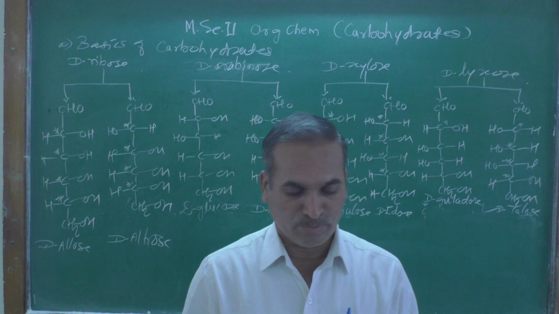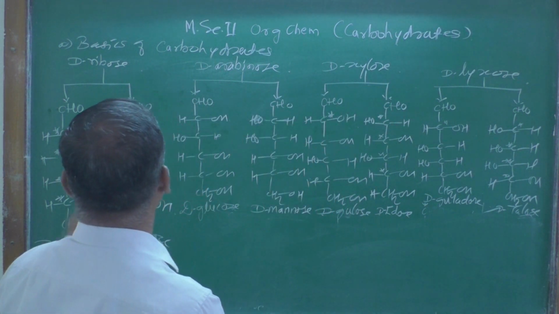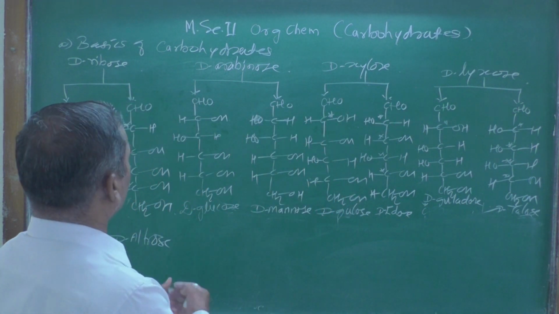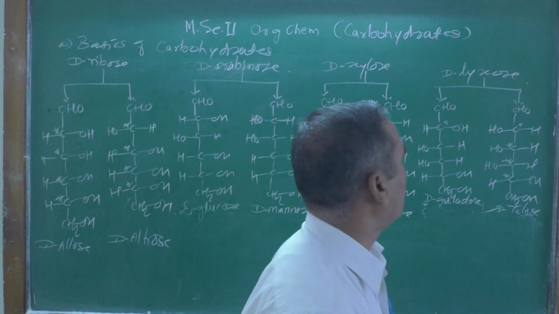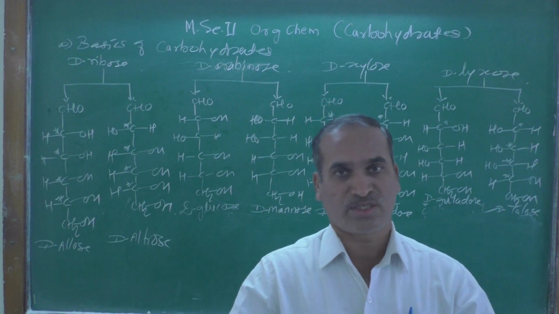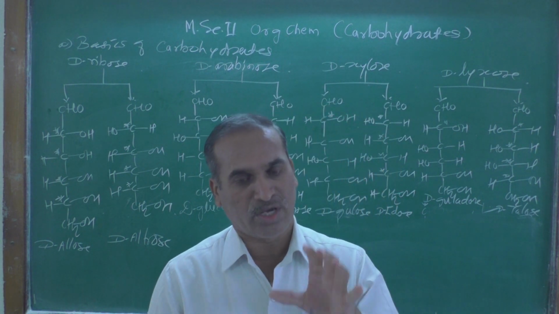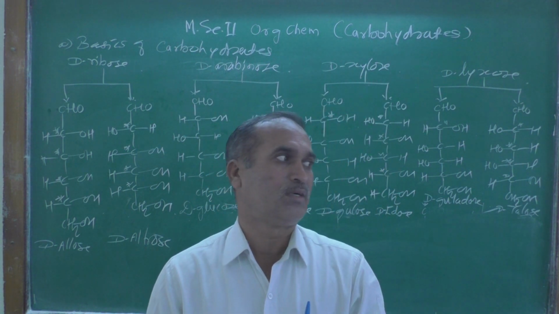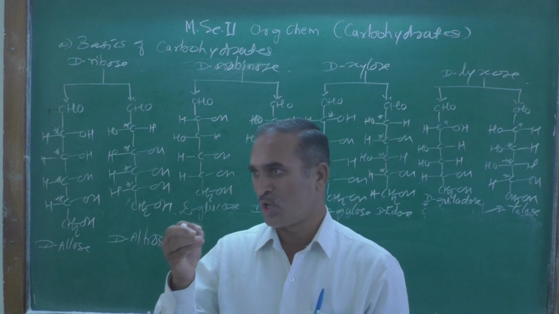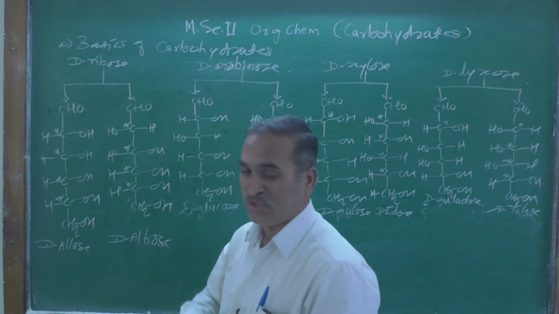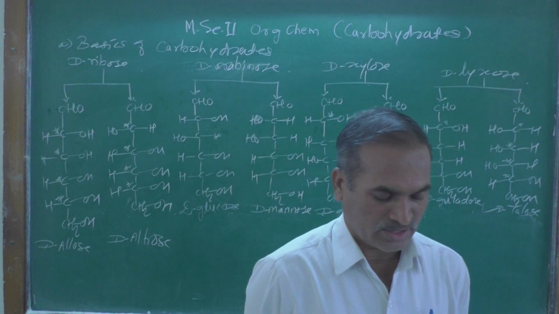So using this basic idea from D-ribose, D-arabinose, D-xylose and D-lyxose, let us look at some observations. What are the observations or conclusions drawn from this Kiliani-Fischer synthesis? Let us see over here.